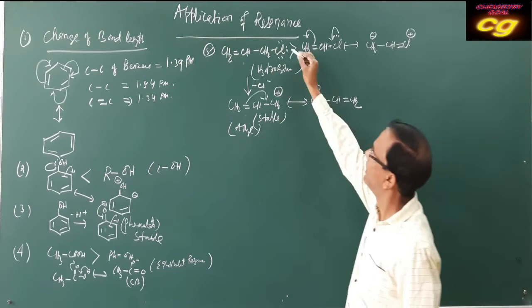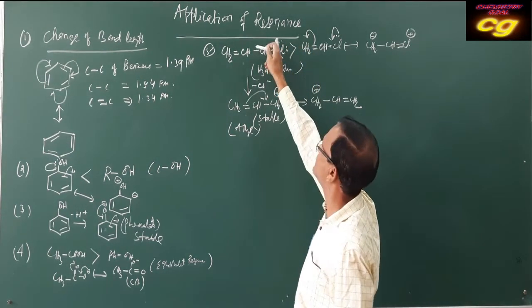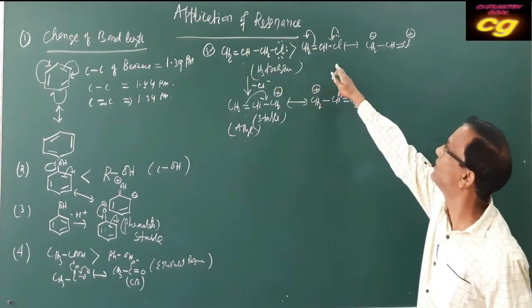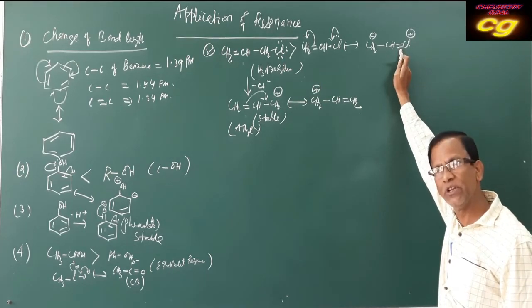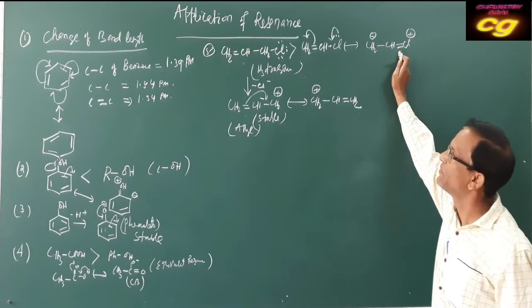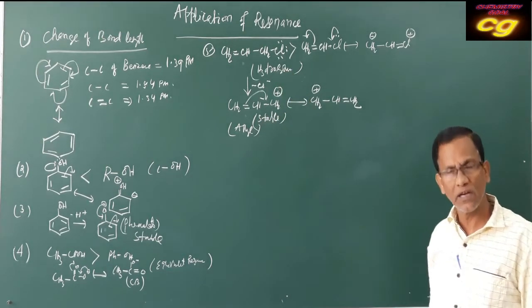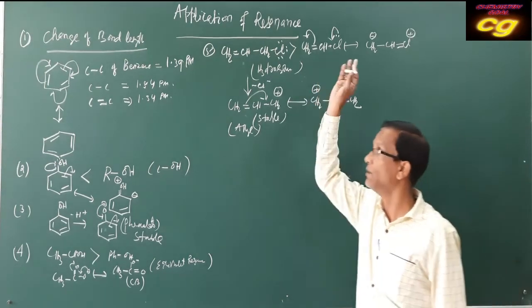In vinyl chloride, due to resonance, double bond nature is formed between carbon and chlorine. That's why its reactivity is less. But in allyl chloride, after loss of Cl minus, a stable carbocation forms. That's why there is a tendency to lose Cl minus, and that's why it is easily hydrolyzed.